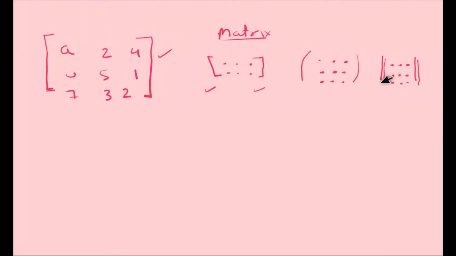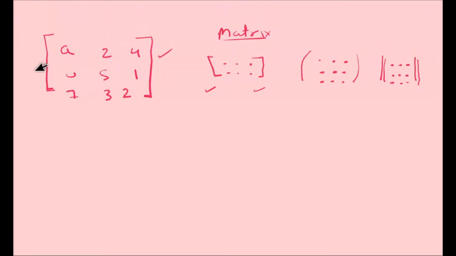These are two lines here, not a single line, two lines and two lines. Generally in all our questions we will use this type of bracket, and in this way we write the matrix. Are you understanding the topic?